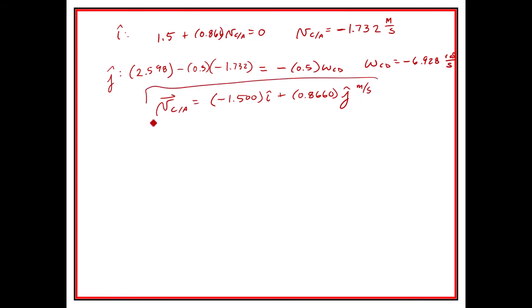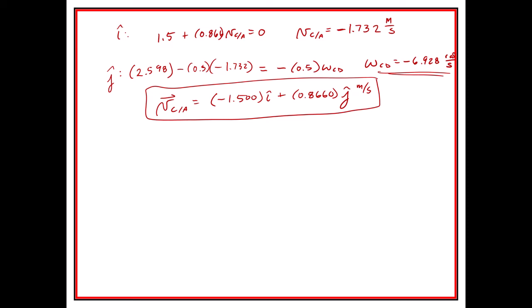So was that part of the problem? No, they just wanted to find the angular velocities. So that was actually this guy right here that we were trying to find. To be continued.